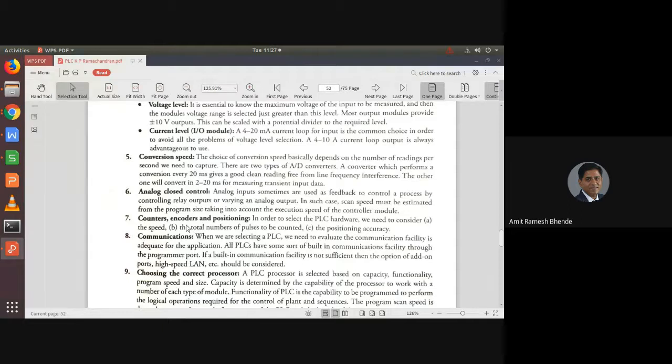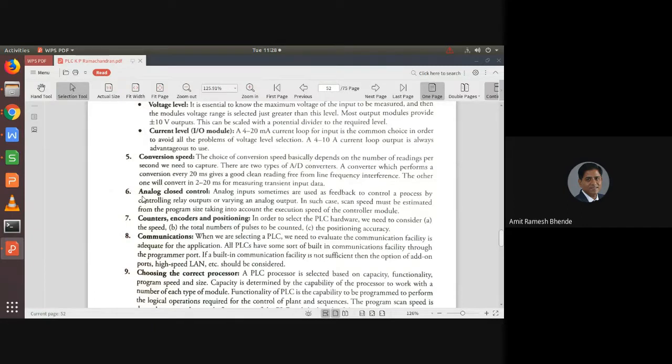So for applications such as vibration measurement, it requires a lot of volatile data, a lot of flexible data, a lot of transient data, where the parameters are changing very fast. So in that case, the hardware required for processing such fast changing data needs very high end instrumentation, and accordingly the cost of the hardware also goes up. So it all depends upon the conversion speed you require.